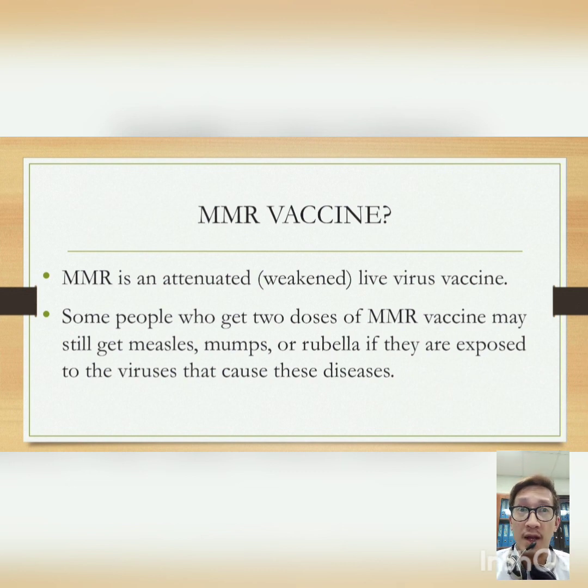Experts aren't sure why. It could be that their immune system didn't respond as well as it should have to the vaccine, or the immune system's ability to fight infection decreases over time. However, disease symptoms are generally milder in vaccinated people.